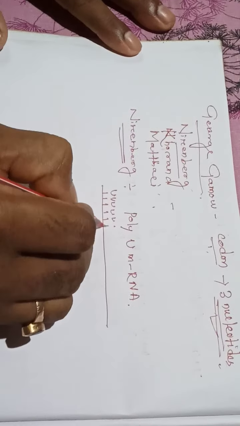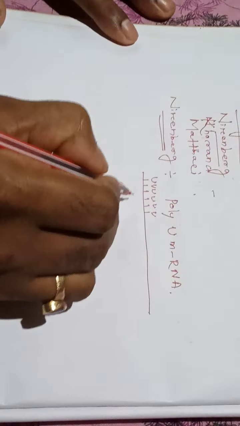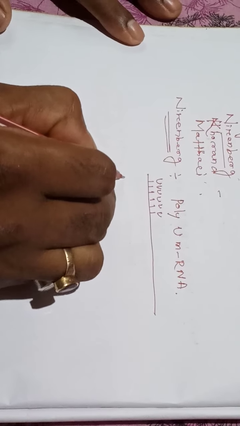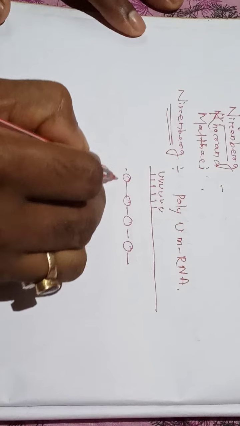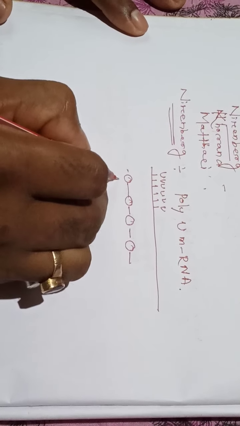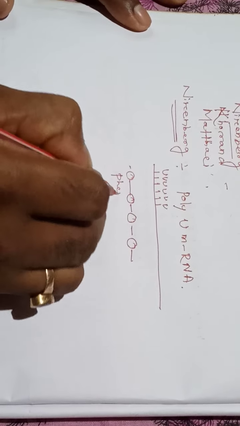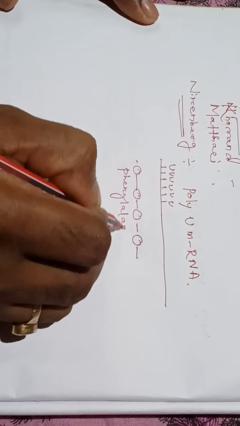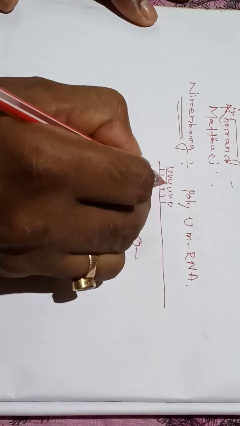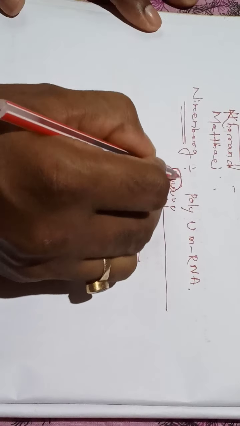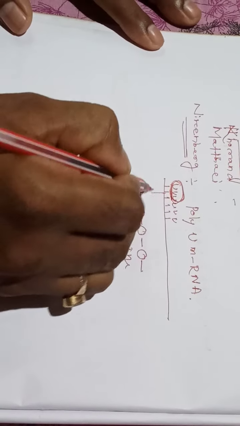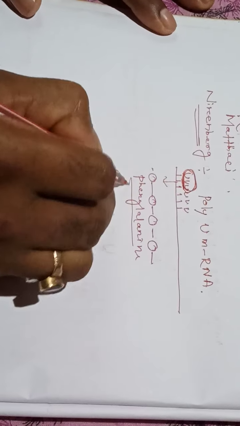And he allowed it for translation. He found that the amino acid found was phenylalanine, meaning the UUU triple U codon codes for the amino acid phenylalanine.